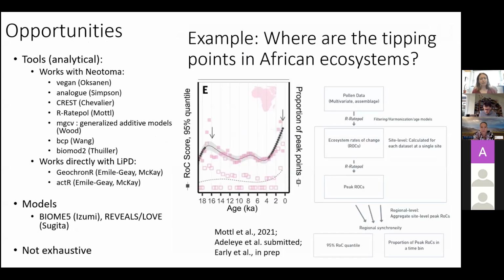There are also a lot of new opportunities based on analytical tools for working with Neotoma data, in terms of new and standard R packages that work really well with standardized paleoecological data. That's not an exhaustive list, but it gives you a sense of some of the opportunities.